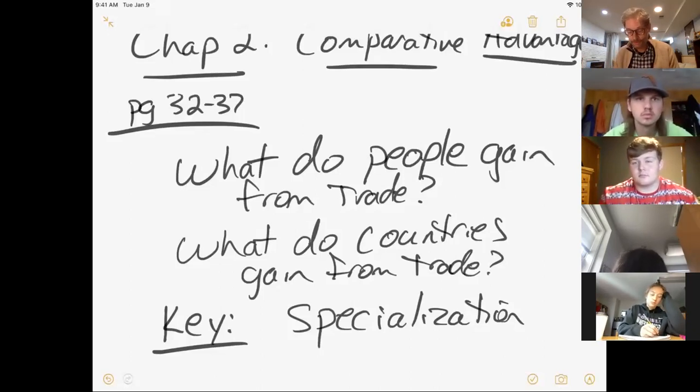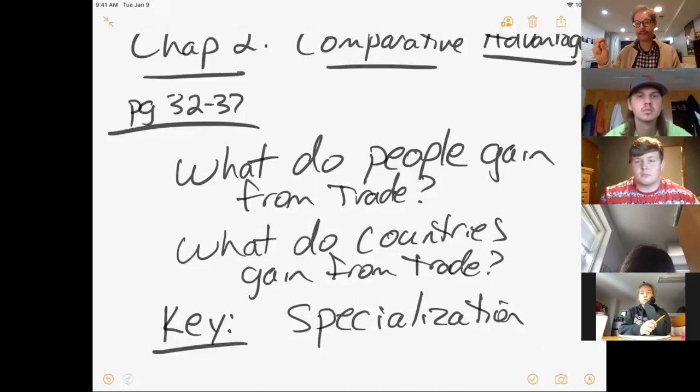It's weird to think about this, but it is true. There's not a single human on this planet that knows how to make a pencil, right? Because if you think about even something as simple as a pencil, all of the different processes and inputs that go into making that pencil, nobody knows every step of that.